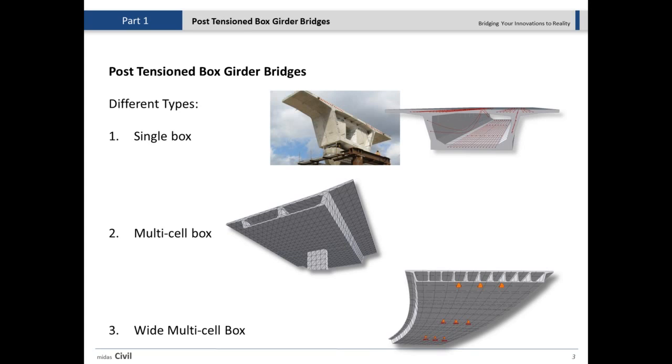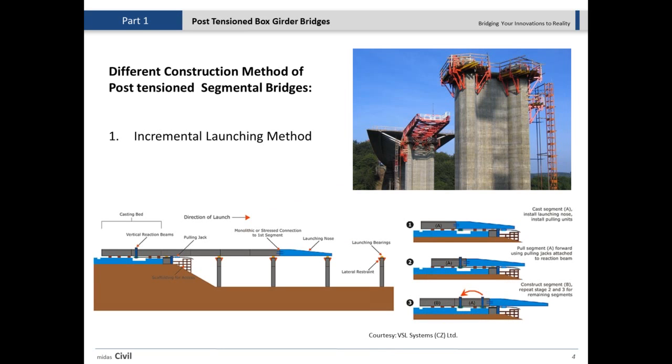Also, you can have multi-cell boxes like what you see in the bottom right here, and this type of bridge is actually not very common all over the US. In some areas like California, they mostly use these wide multi-cell boxes. But anyway, this is a type of bridge that could be post-tensioned, and it needs certain types of treatment, so we're going to discuss them.